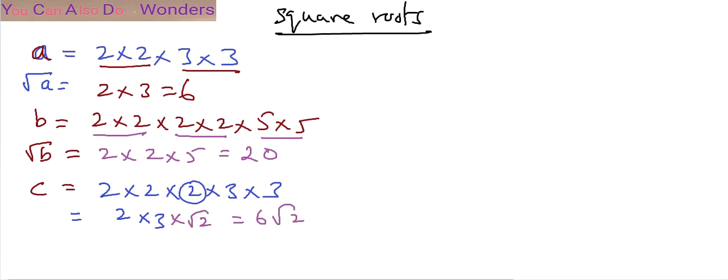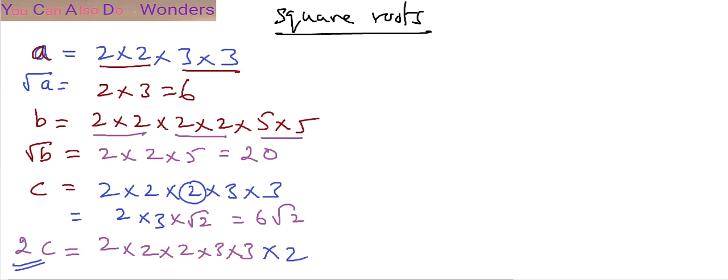So suppose we multiply c by 2. So 2c, when we multiply c by 2, then c will have 4 2's, isn't it? Then it will become 2 into 2 into 2 into 3 into 3 into 2, because we have multiplied c by 2.